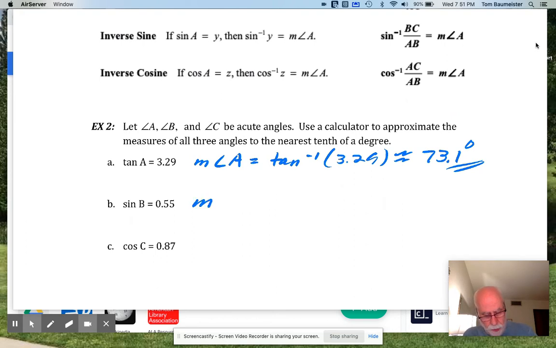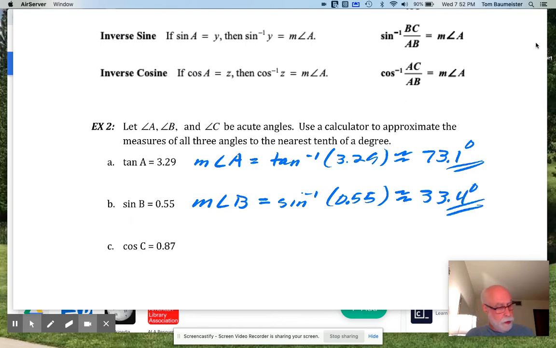All right, so we're going to do the same thing here for the measure of angle B. It's going to be the inverse sine of 55 thousandths, or 0.55. And if you do that one, you'll get 33.4 degrees. And then the last one is the cosine of C is equal to 0.87.